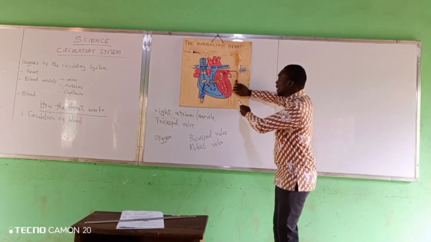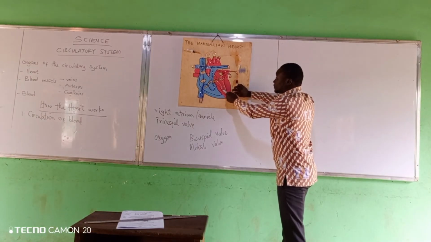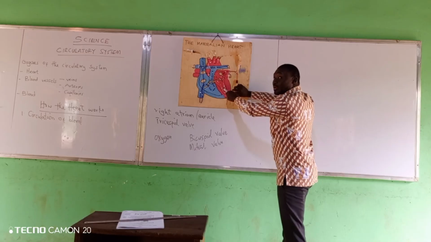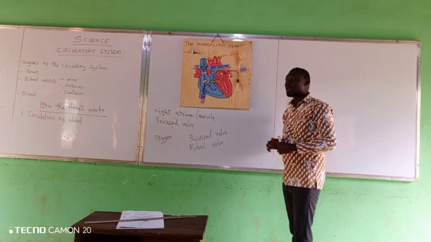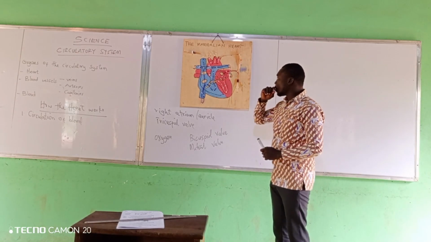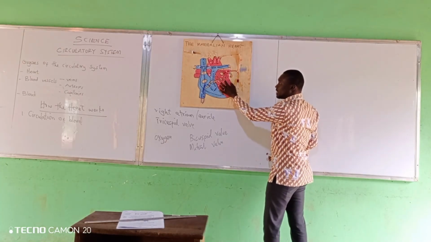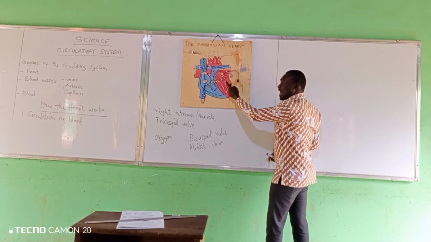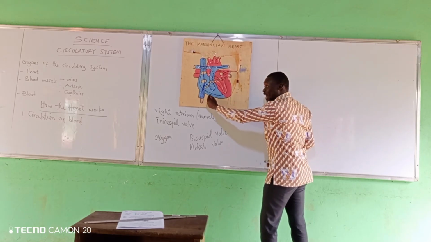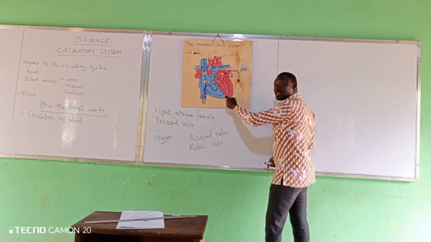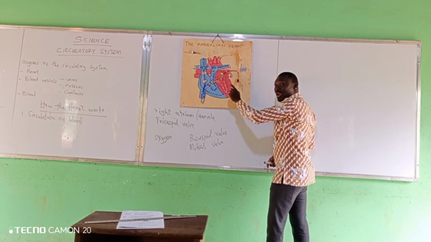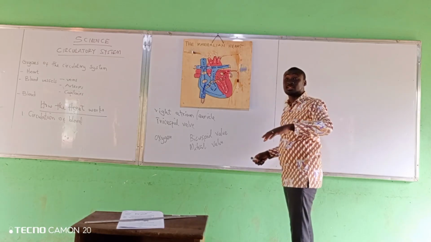Then it enters the left ventricle. Then it expands. Now, the wall of the left ventricle is thicker. Just look at it. It is not a construction mistake. That's how the heart is.